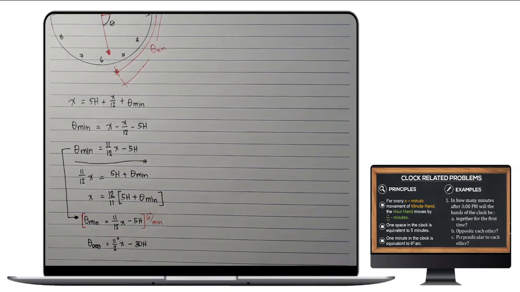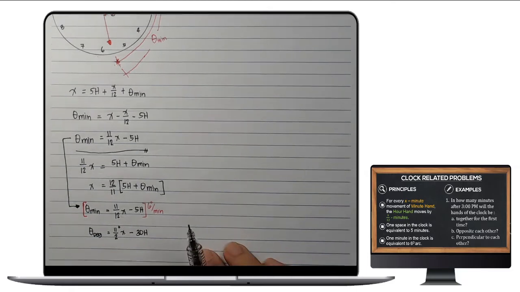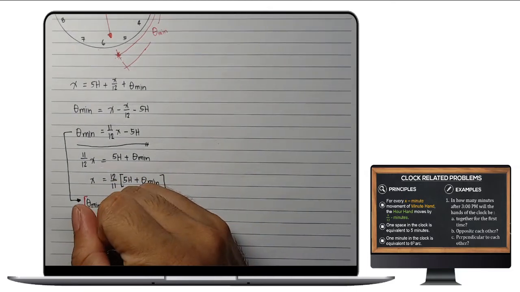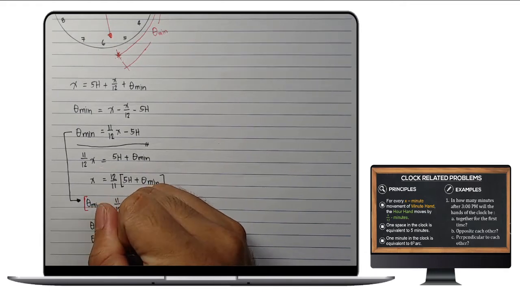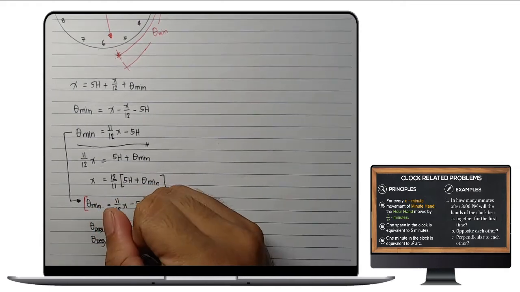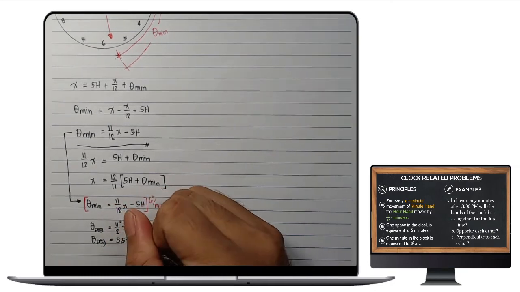With that, the unit of our theta is now in degrees, but the unit of our x here is still in minutes. So, let's simplify. Our theta in degrees is equal to 5.5 multiplied by x minus 30h.